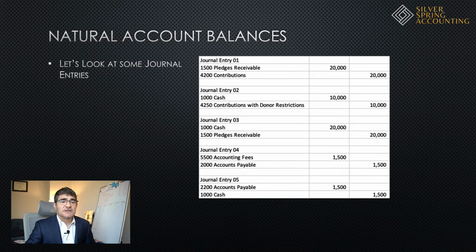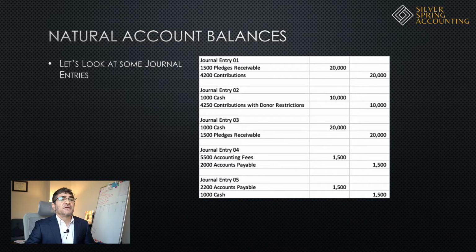And your adjustment simply needs to be the difference between what you had for net assets with restrictions and net assets without restrictions. So if you increased net assets with donor restrictions, you would debit net assets without donor restrictions and credit net assets with donor restrictions. Simple as that.